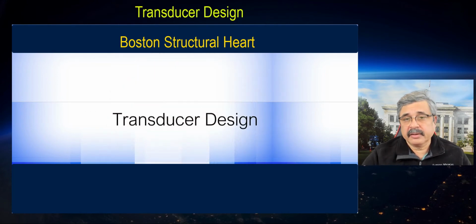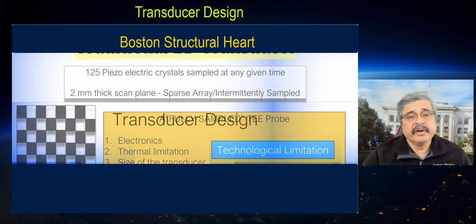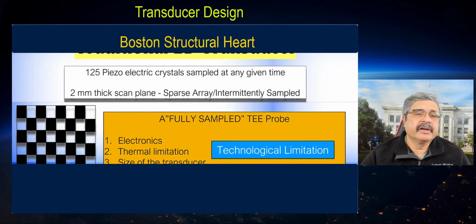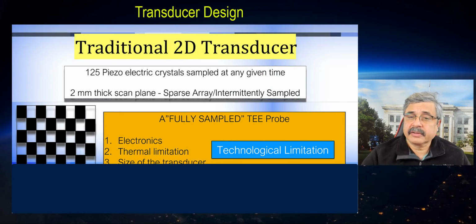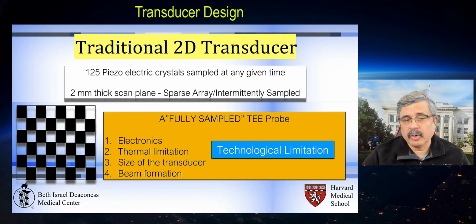We need to understand the design limitations of the 2D and 3D transducers to move any further. The traditional 2D transducer has about 125 piezoelectric crystals sampled at any given moment in time. They generate a 2 millimeter thick scan plane, which is sparse arrayed, which means these crystals are spread over a certain area in the transducer for thermal limitation, and are intermittently sampled, which means they're not stimulated all at the same time.